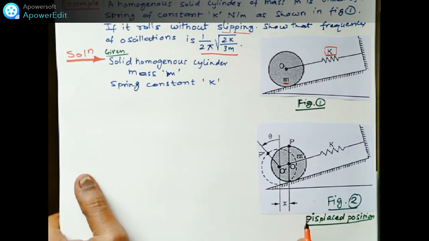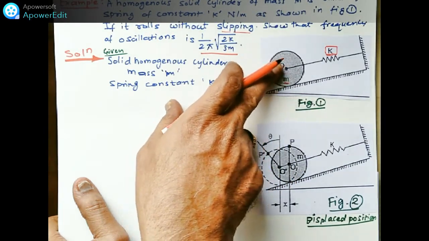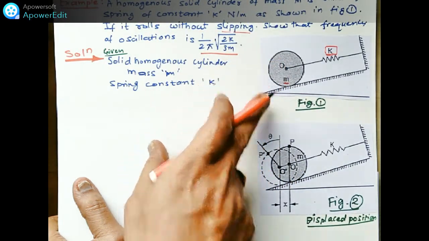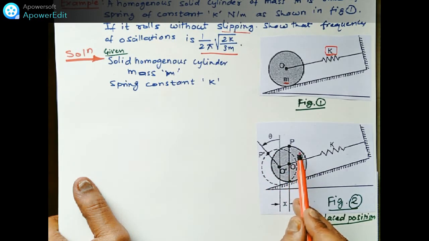This is the displacement diagram. The solid cylinder will move from position O to position O dash. The dotted position shows the new center O dash, and the old one is O. The dotted one is the new position of the cylinder, and the dark line shows the old position.